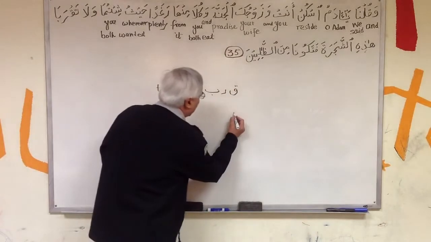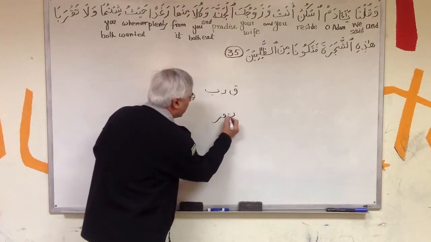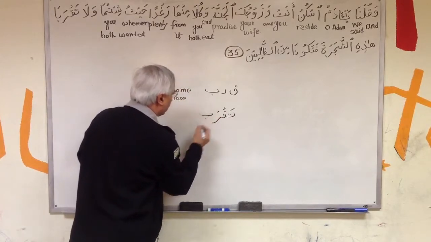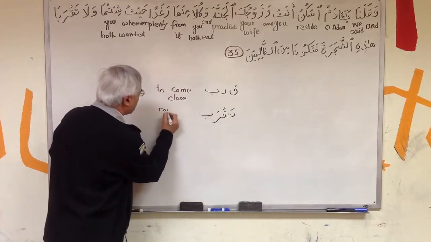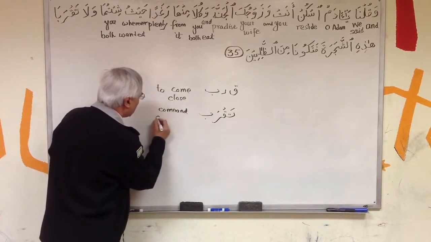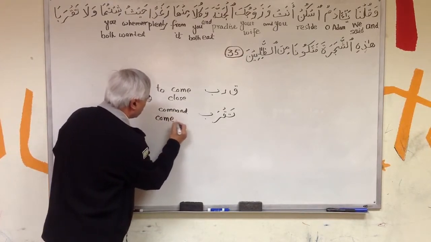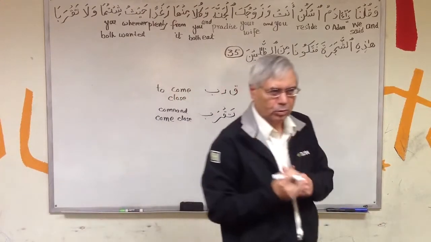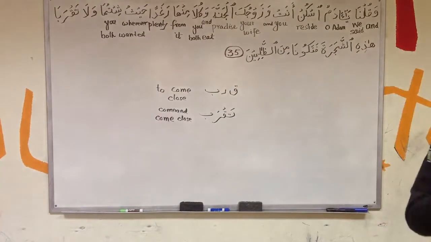And if I write it this way, it is a command for one person, meaning come close. You are telling some person to come close. You will say taqra, for one person.